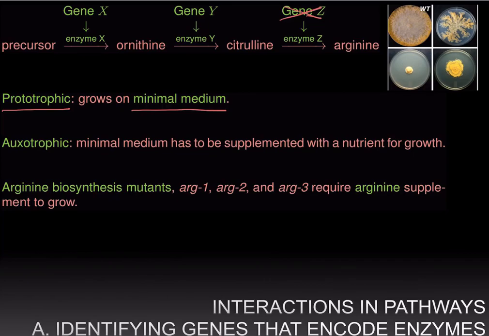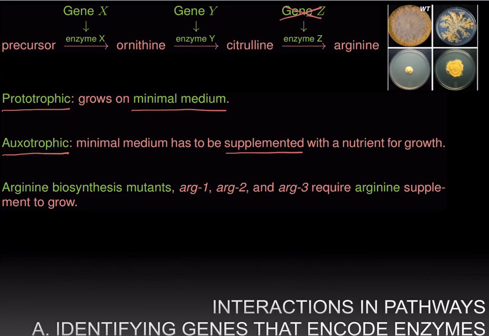Since the pathway is broken, it'll need to be provided with a supplement in order to grow well on these plates. And such strains, such cells are called auxotrophic, that require supplementation in addition to the minimal medium in order to grow.